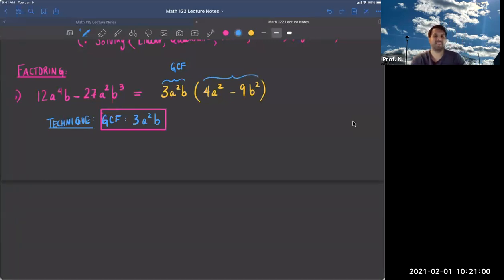Does anybody know what this is called when you have this kind of two terms subtracted by one another? That's right, Cindy. This is a difference of perfect squares. So I guess here we can say technique number 1 is GCF, and now technique number 2 is difference of perfect squares.